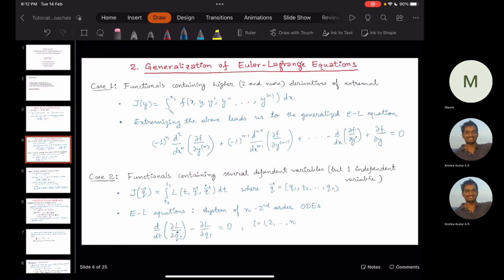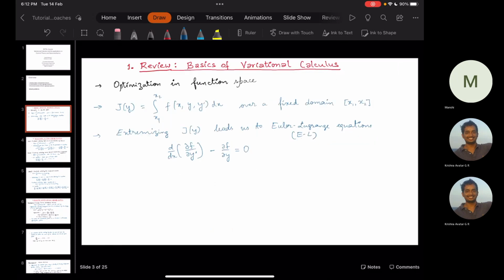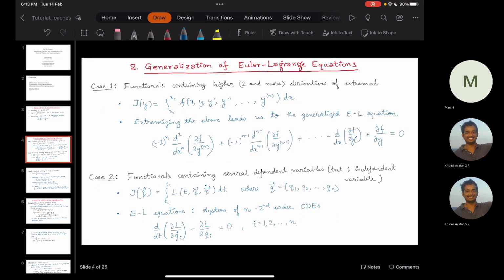Now let's go to the generalization of Euler-Lagrange equations. We know that in many scenarios, we won't have such a simple looking functional as J of y where the integrand is just a function of x, y, and y prime. In mechanics and in various other areas of engineering and maths, the integrand can contain higher order derivatives of the extremal y, and for the case we have discussed, it's just a function of a single independent variable, which is x.